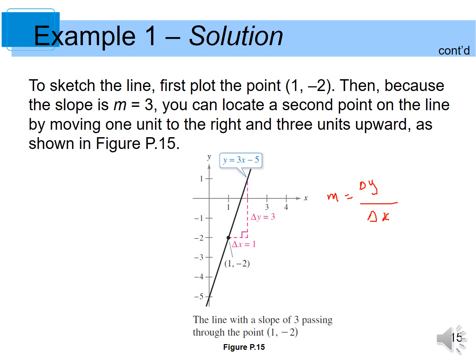Then after you get the second point, you connect the first point and the second point, and you form a straight line. And I remind you again, to sketch the graph, you should have the x-axis label, y-axis label, and equation name.